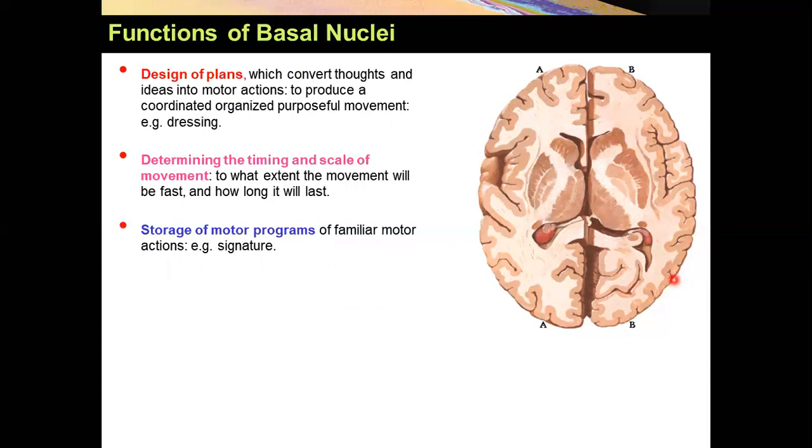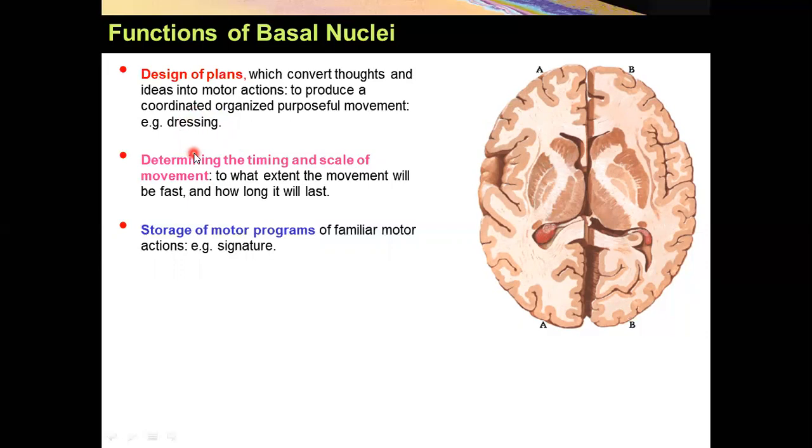Now, the basal nuclei are involved in designing of plans, which convert thoughts and ideas into motor actions in order to produce a coordinated, organized, purposeful movement, like dressing, like painting, or drawing, or writing, or playing a musical instrument.